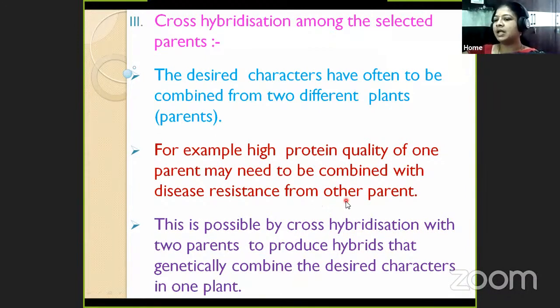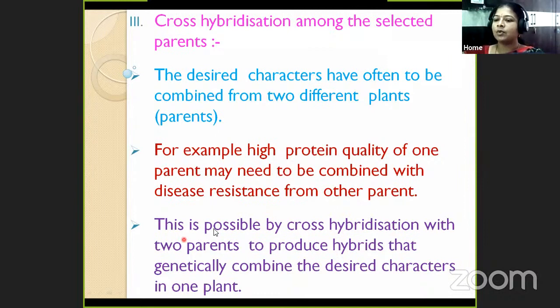Two plants, male and female parents, are selected: male parent with high protein quality and female parent with disease resistance capacity. These two plants are crossed with each other. It results in the formation of a hybrid variety with two desirable characters in a single plant.